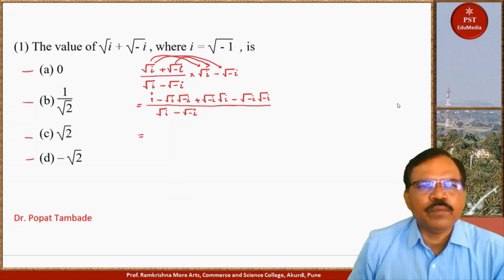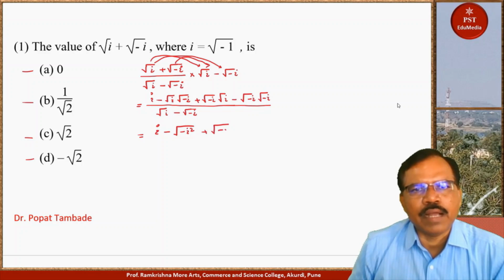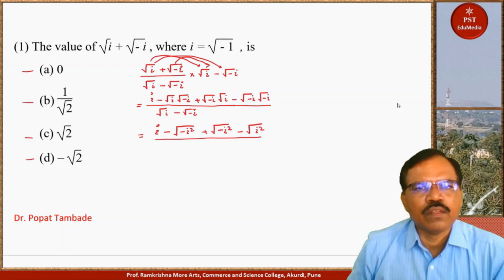Now here we can write this as i minus, now root of i into root of minus i, we can take root of minus i into i, that is i square, plus root of minus i square minus root of minus i into minus i, that is i square, divided by root of i minus root of minus i.